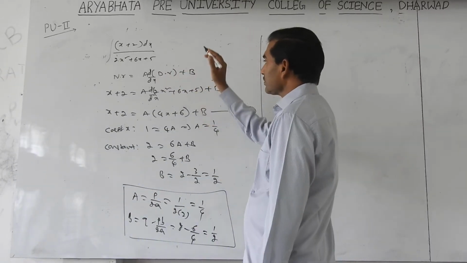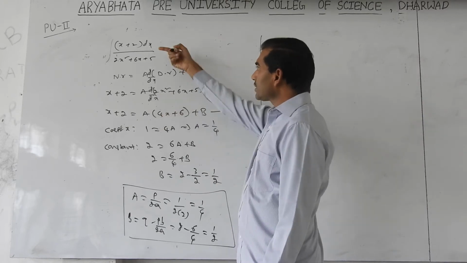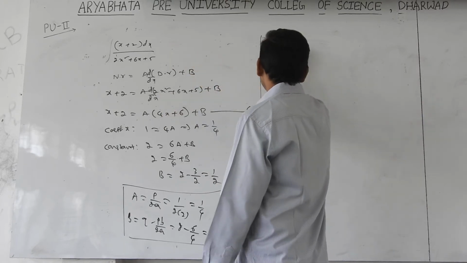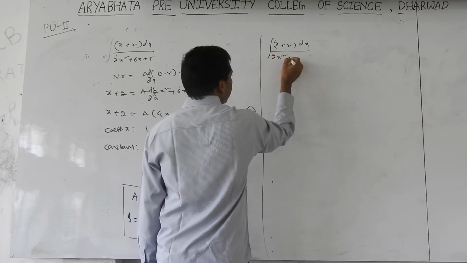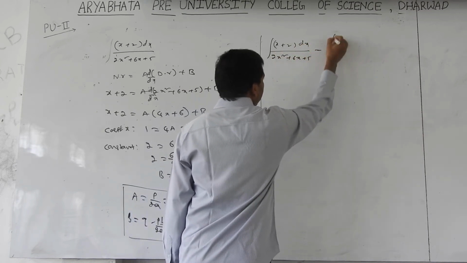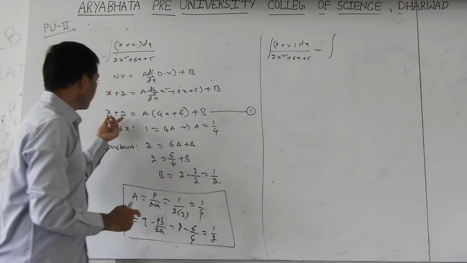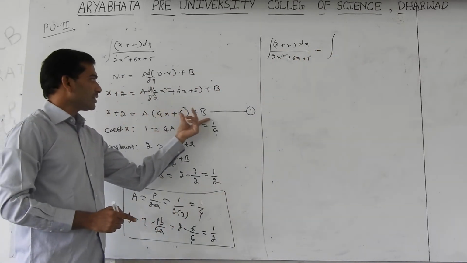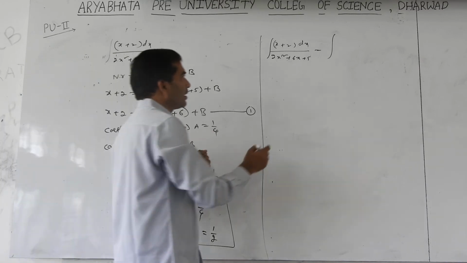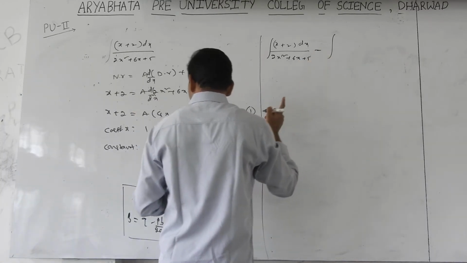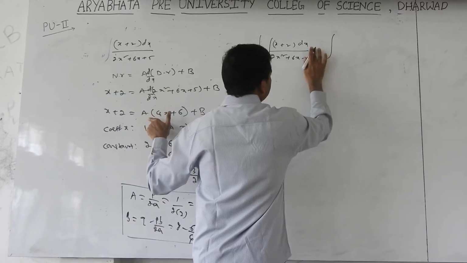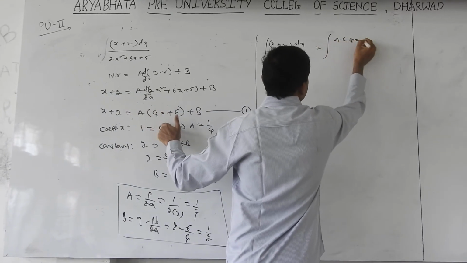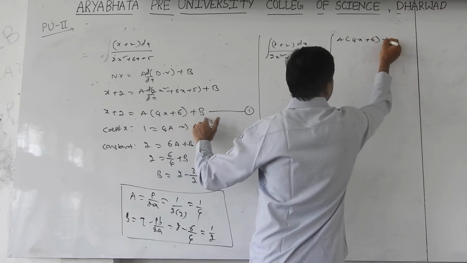Now, first, in the numerator, substitute: the integration of x plus 2 dx by 2x square plus 6x plus 5. Tell me, x plus 2 is equal to a into 4x plus 6 plus b.